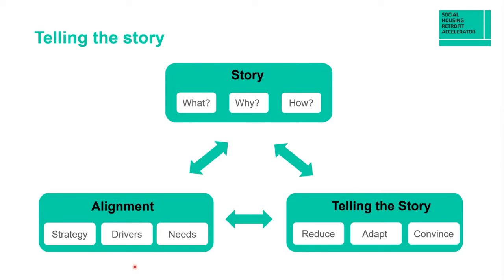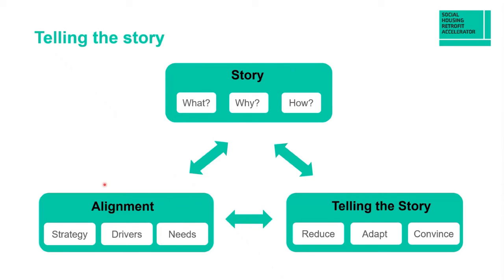Then alignment. Your story needs to show that the project aligns with the goals and needs of the organization and important stakeholders. Those may be internal to the organization, the corporate strategy. They may be external forces, trends and drivers, or based on the wants and needs of specific individuals or teams.